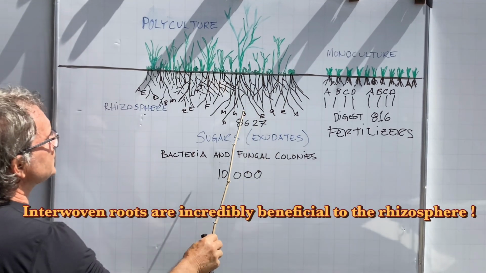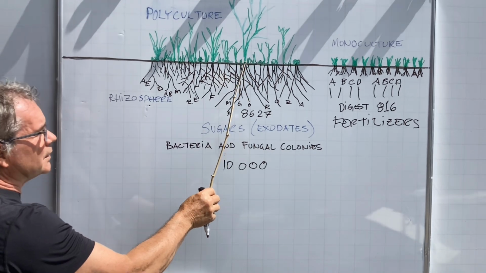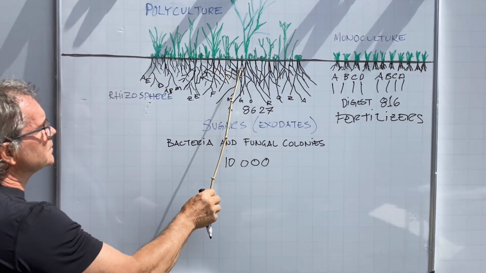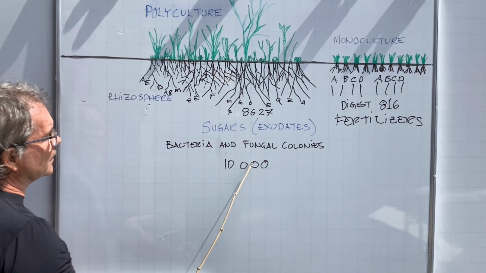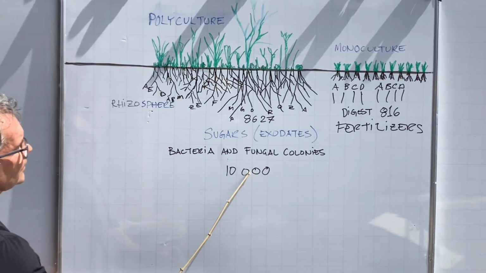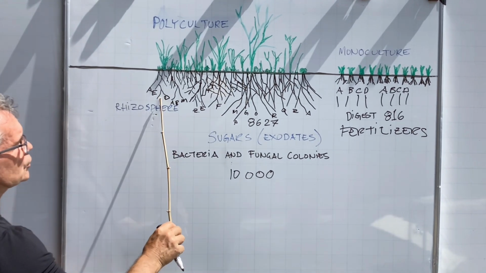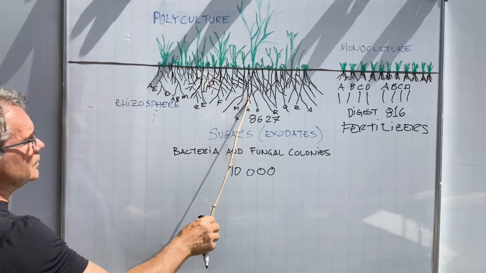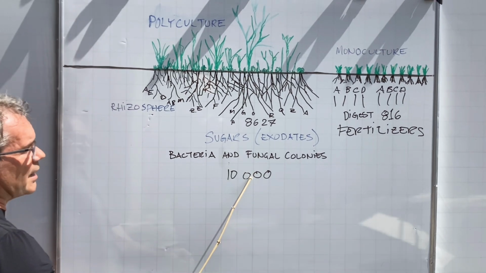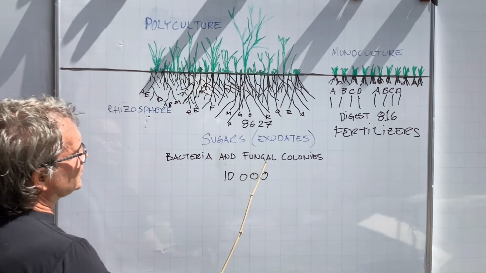So the whole system, the whole idea of soil improvement happens because we're involving these 10,000 bacteria, and we're involving all these different productions of sugar. The more diverse the sugar is, the more it's going to attract these fungal colonies and the bacteria.